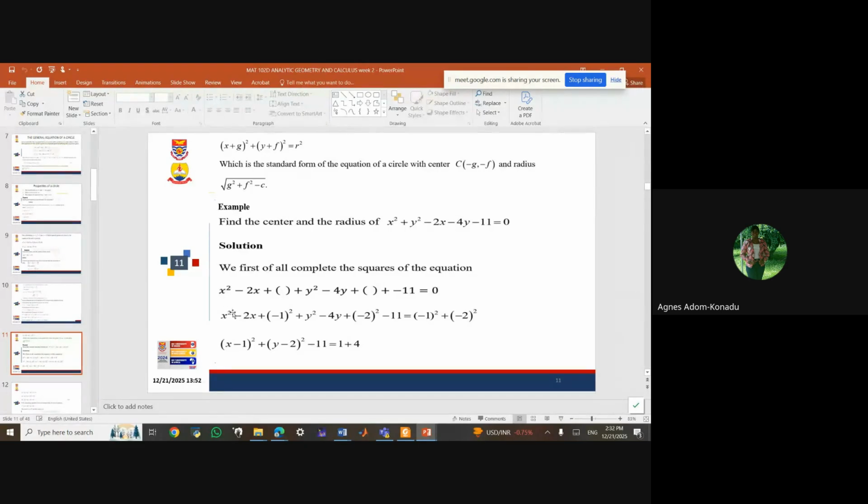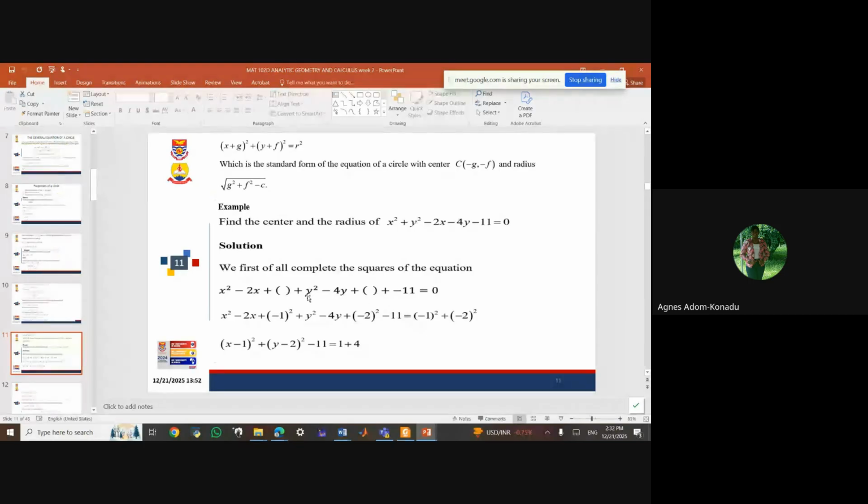So I have x squared minus 2x plus something plus y squared minus 4y plus something plus -11 equal to 0. So this is the same as x squared minus 2x plus (-1) squared plus y squared minus 4y plus, so 2 divided by 2 and 4 divided by 2 is my -2. So (-2) squared minus 11.